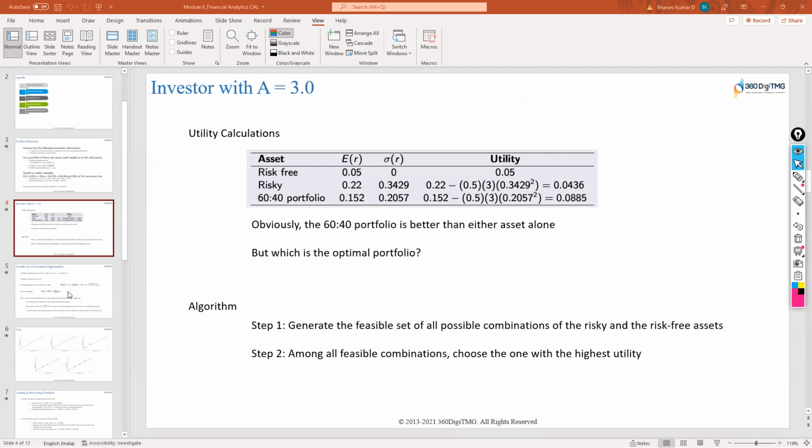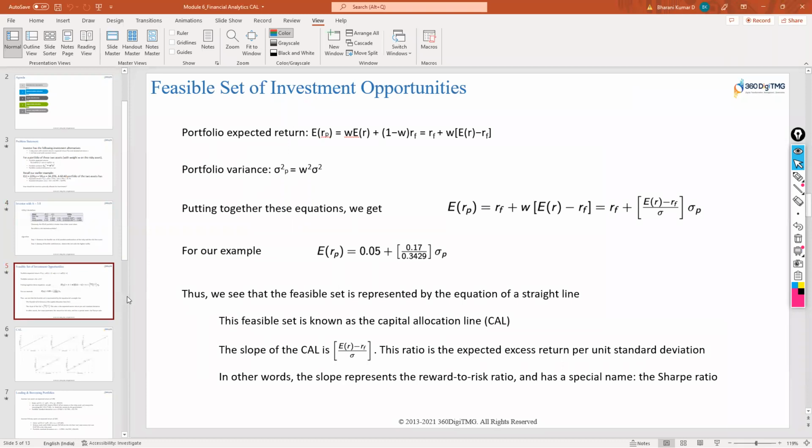We proceeded further and figured out that out of these 3, the 60-40 ratio is the best. But what if we have some other ratio, maybe 70-30, 30-70, 10-90, whatever, which gives you even better results?